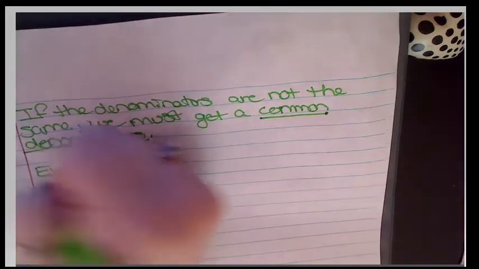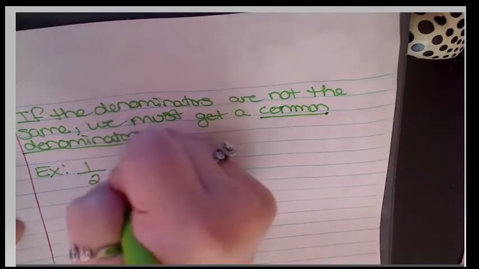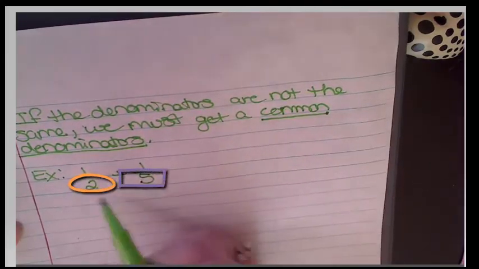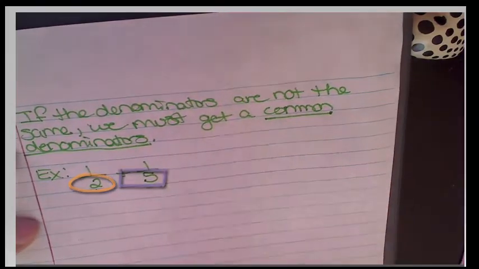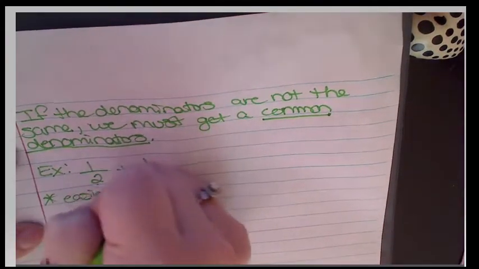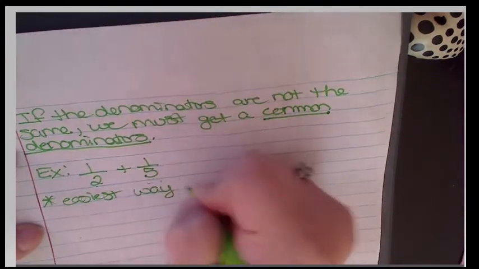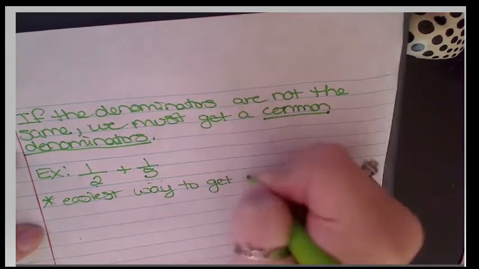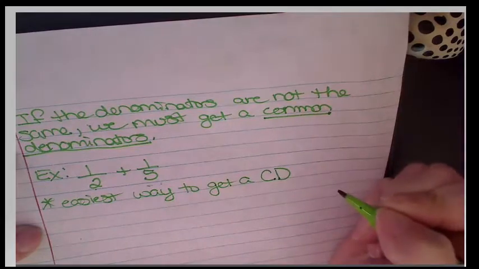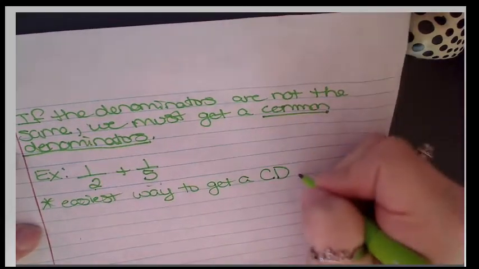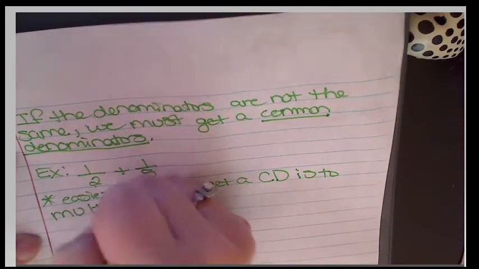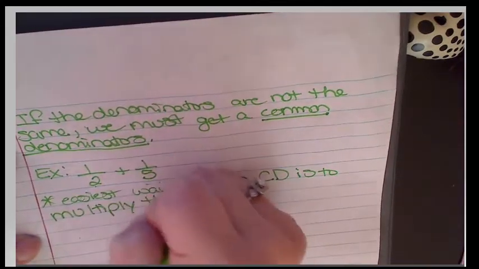We have 1 over 2 plus 1 over 5. These don't have the same denominator. So the easiest way to get a common denominator, a CD, is to multiply the denominators.